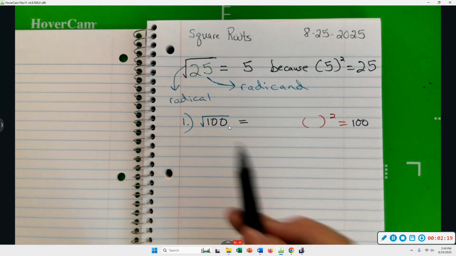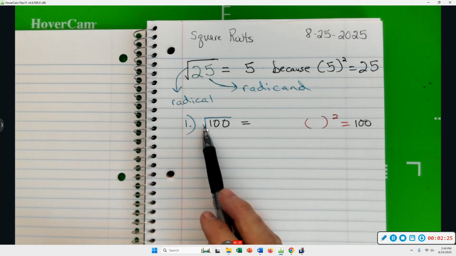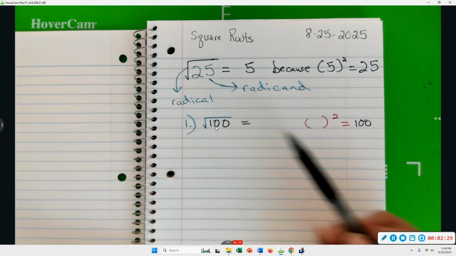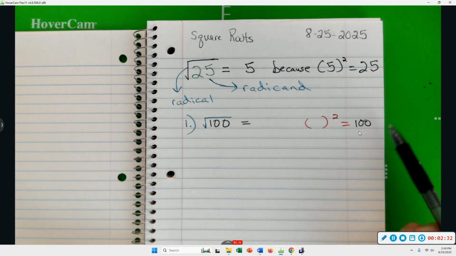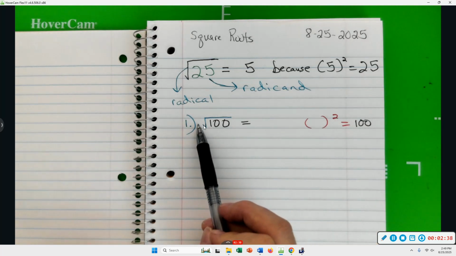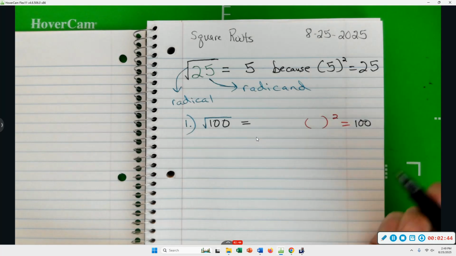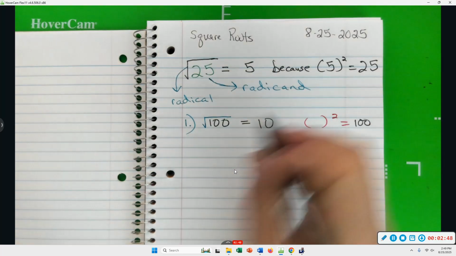Now, I should mention something. That symbol, I said it's called a radical or square root symbol. Formally, it's the principal square root, which means the positive number. You're thinking to yourself, well, negative 10 times negative 10 is a positive 100. But there's no negative sign in front of that symbol, so we're looking for the positive square root of 100, which is equal to 10.